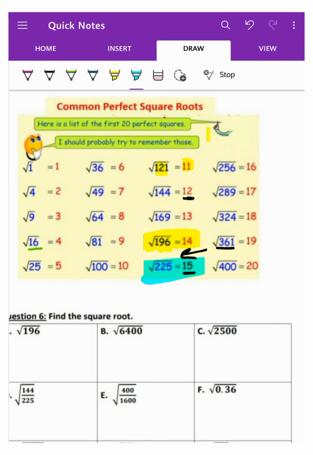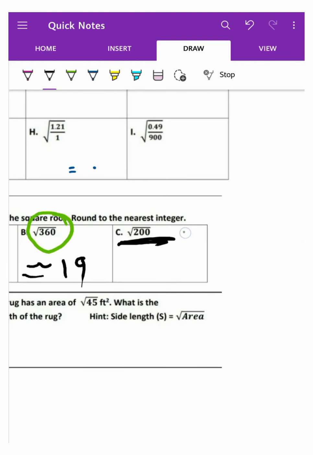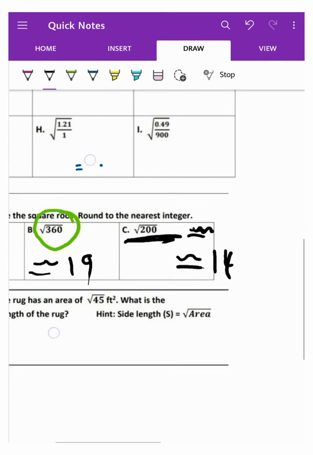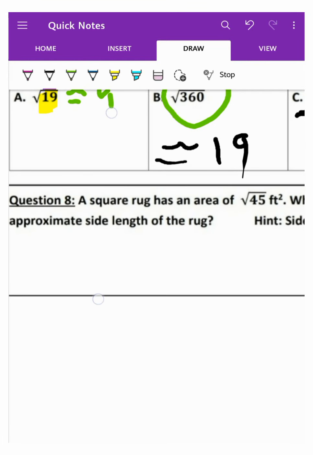But 200 is nearest the 196, so the answer in easy words is about, not equal, about 14. Yes, 14, from 196.